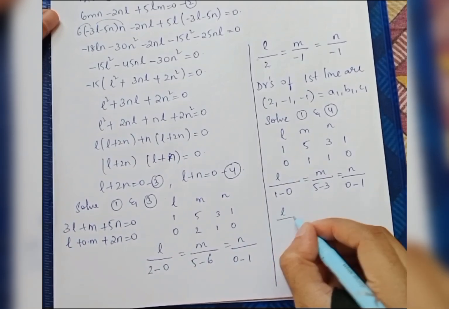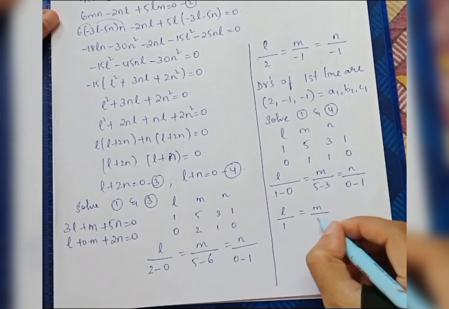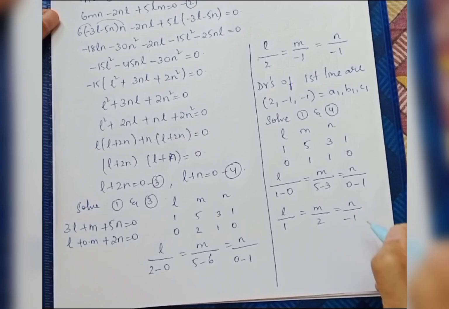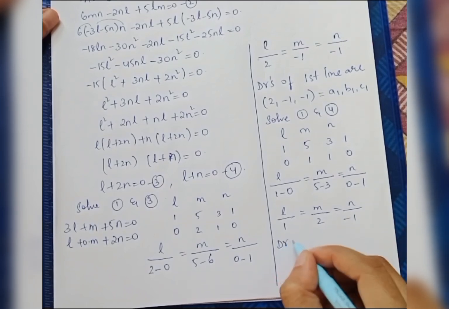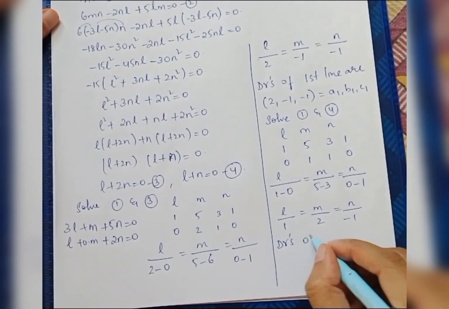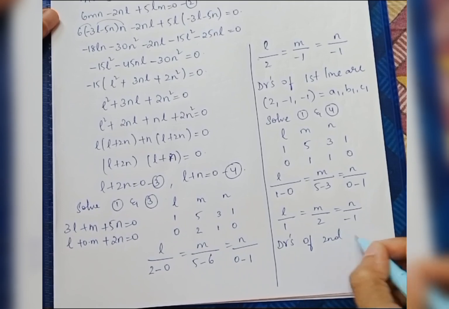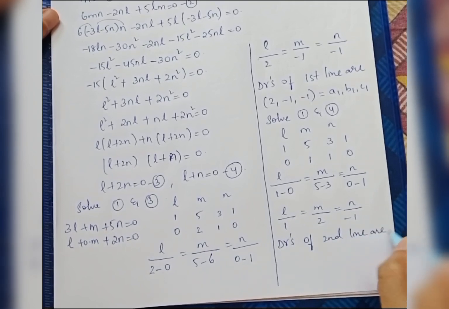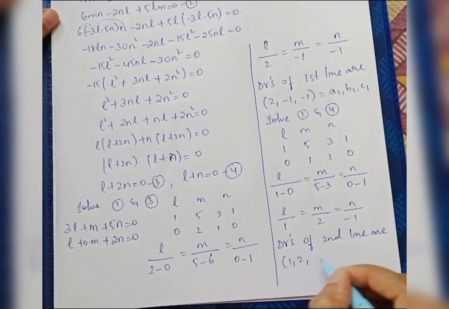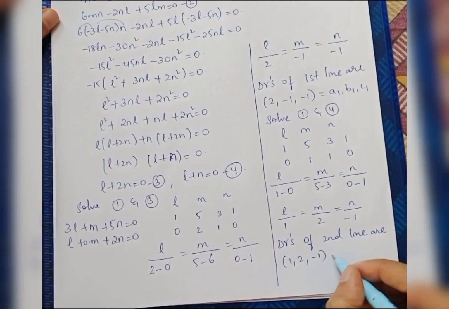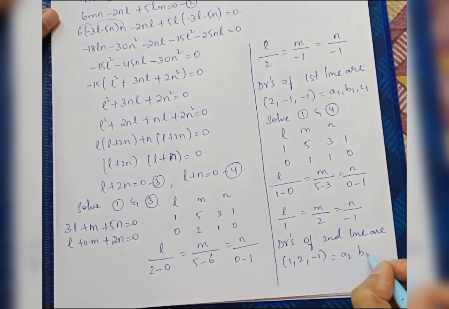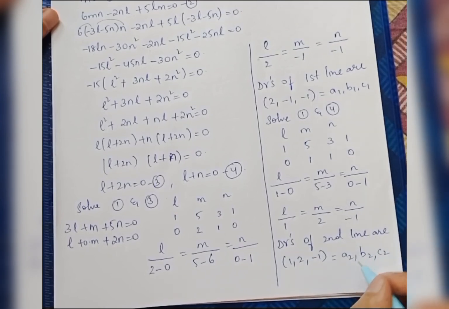So it will be l by 1 equal to m by 2 equal to n by minus 1. So we got the DRs of the second line. DRs of the second line are 1, 2, comma minus 1, which are a2, b2, c2.